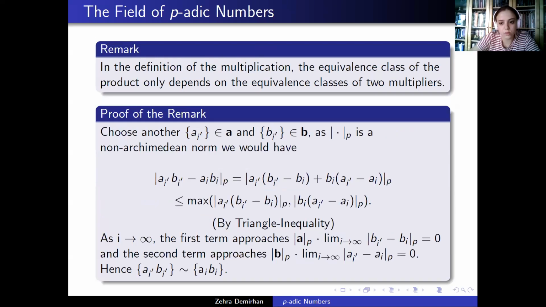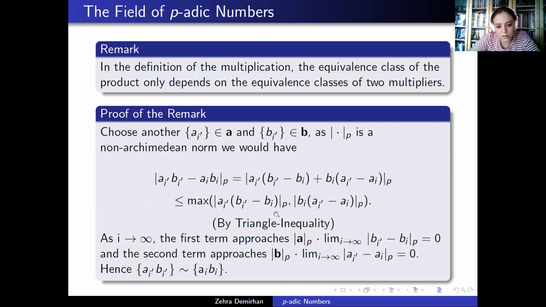This remark states that the equivalence class of the product is independent of the representatives. To prove this, let's choose other representatives, a_i' in A and b_i' in B. As we know that the p-adic norm is a non-Archimedean norm, we would have this inequality by the triangle inequality of the p-adic norm. So let's consider i going to infinity.